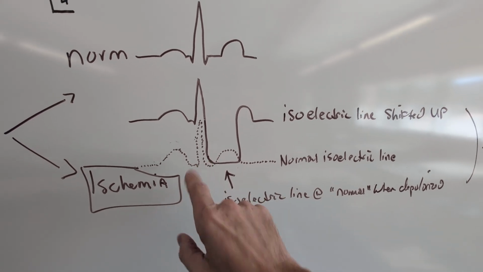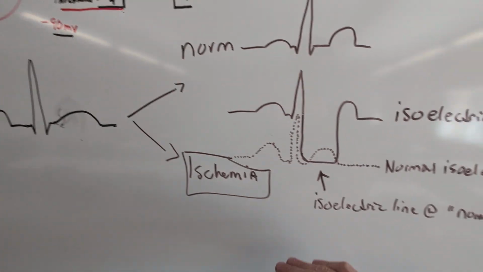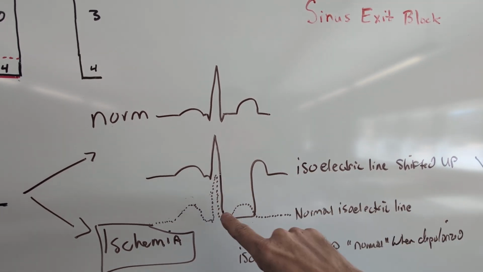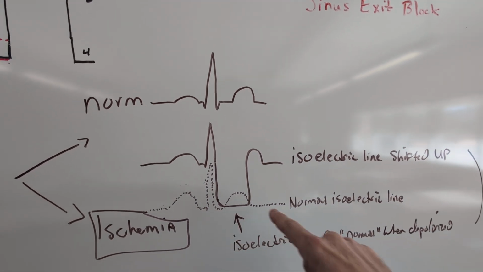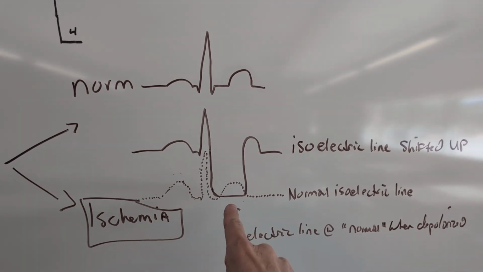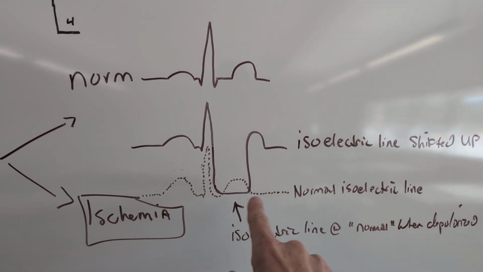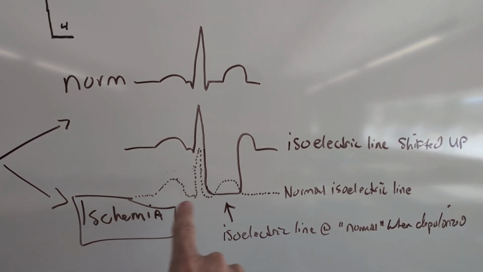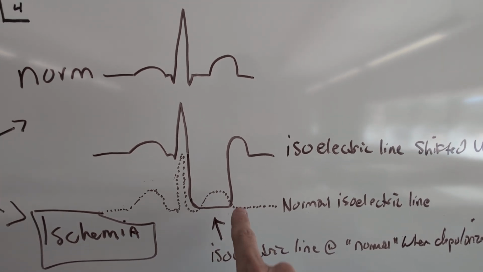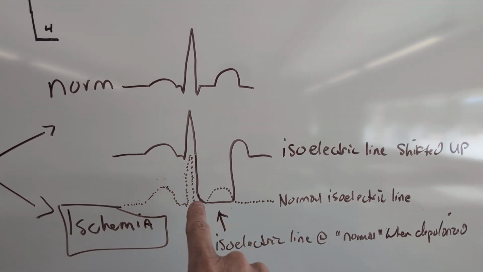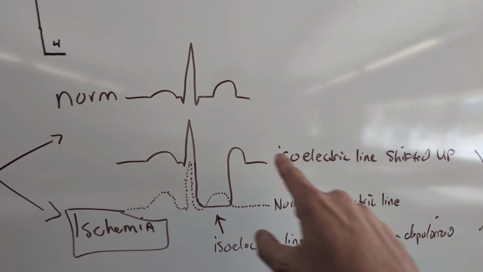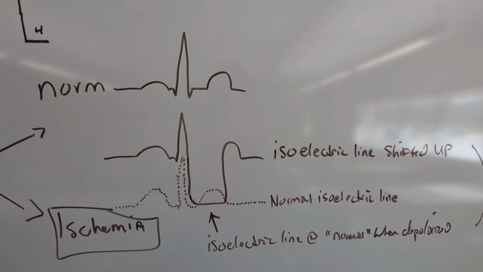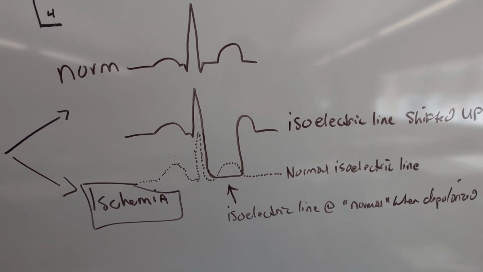And you're going to have a phenomenon very similar to ST elevation. The isoelectric line is constantly shifted up. You have your P, your QRS, and then at the ST segment, when things reset, you'll have a temporary reestablishment of the isoelectric line at the baseline where it should be, and then you go back up, because now you have that constant flow, and so you have a shifting of the ST segment down to where the isoelectric line should be.